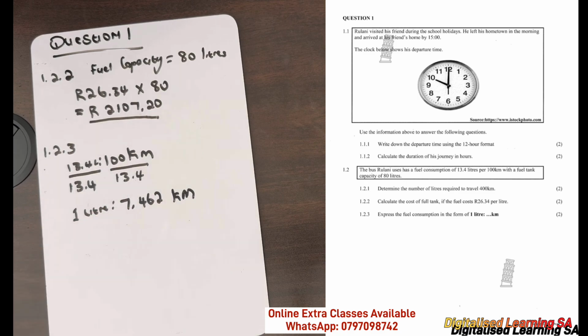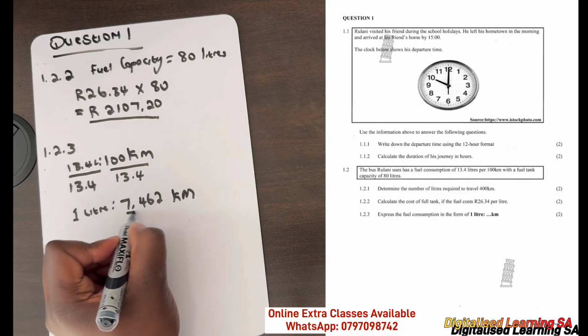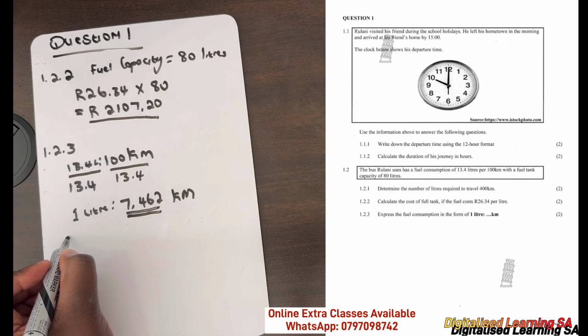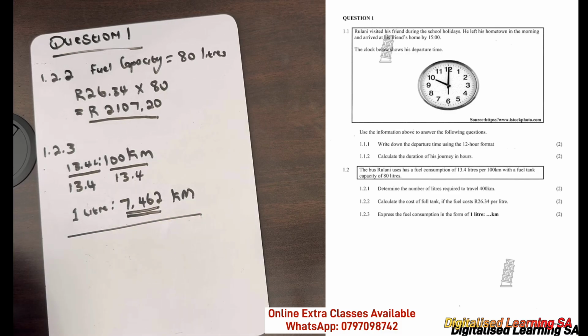The question says that our answer needs to be 1 liter is to a specific kilometer, so this is our final answer. Now let's move to the next question, which is question 1.3.